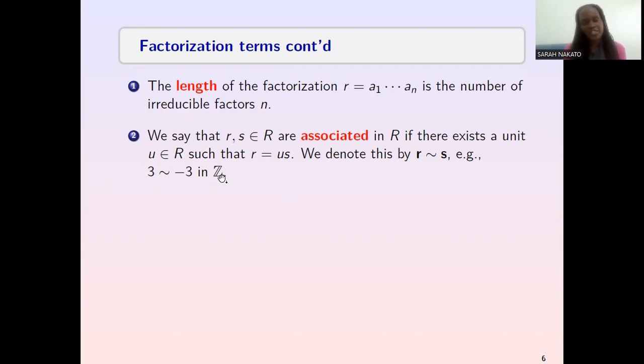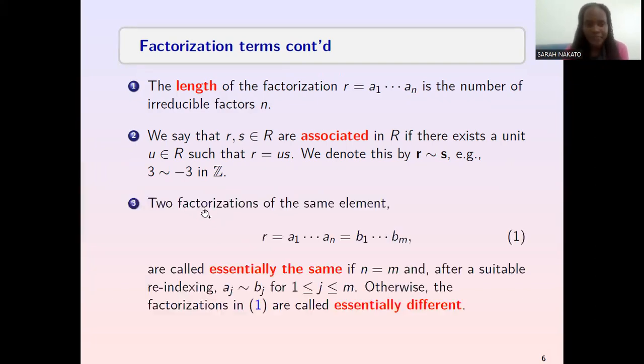So 3 and -3 are associates, just like 10 and -10 will be associates, and so on. As long as they differ by a negative, then, by a unit. In this case, the units are 1 and -1. So one could also say 3 and -3 are associates, in other words.